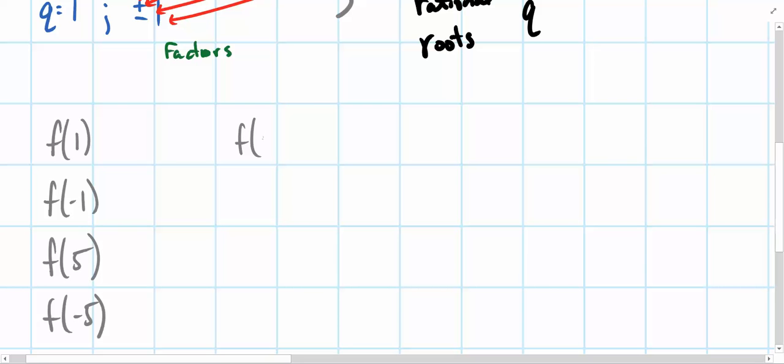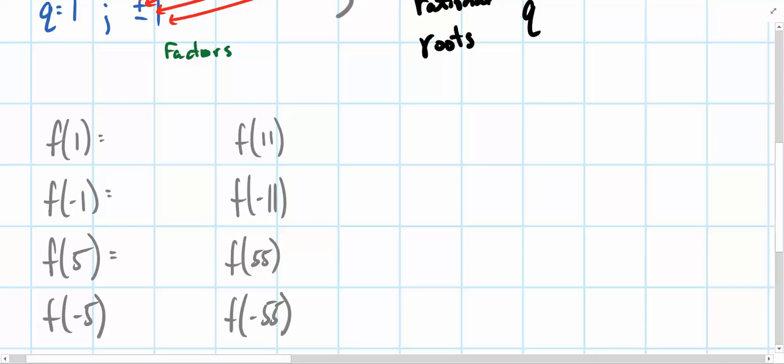We need f evaluated at 11, negative 11, 55, and negative 55.